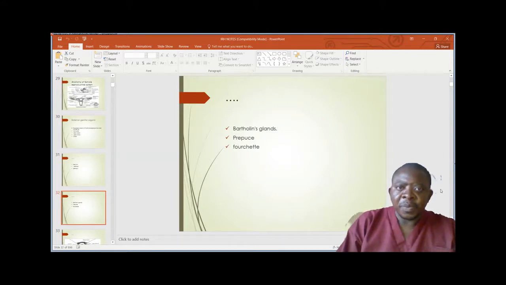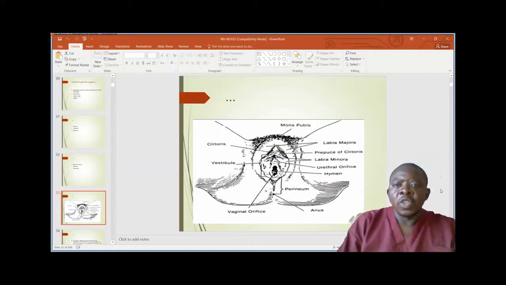Other things that you need to understand or appreciate on the external genital organs are the Bartholin's glands, the prepuce, and the fourchette.